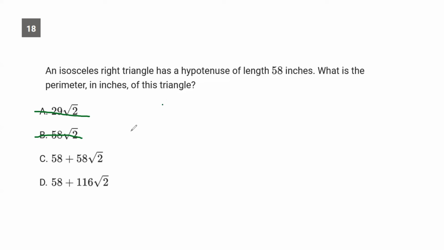But now let's talk about this concept, hypotenuses and right triangles. So we have this right triangle. It's not isosceles in the picture, but we'll say it is. We will make it nice.